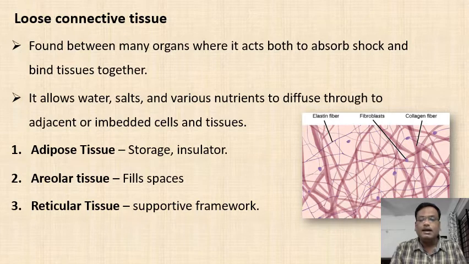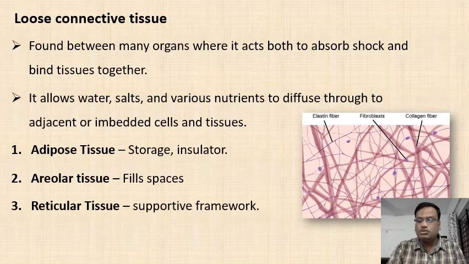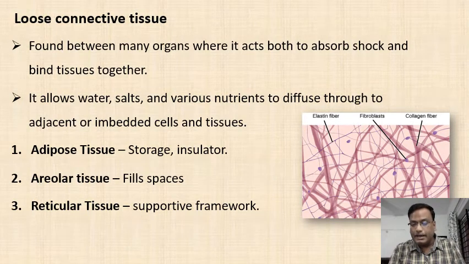In that climatic condition, this fat layer just below the skin acts like an insulator. It will protect the animal from the cold and keep the inner temperature. That is one function, and whenever there is no food, the fat deposited in this tissue will be used as a source of energy.